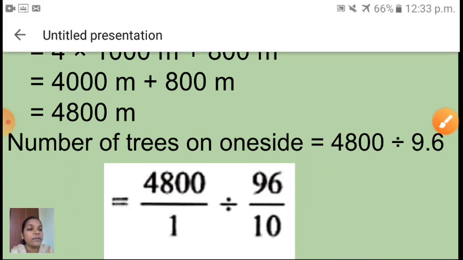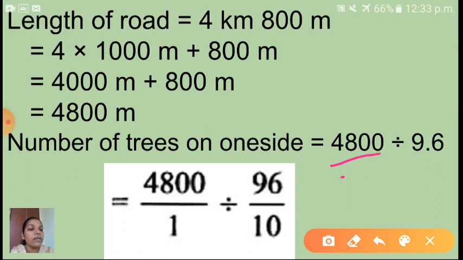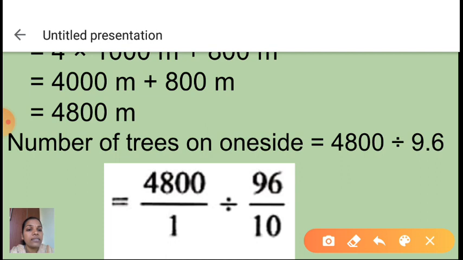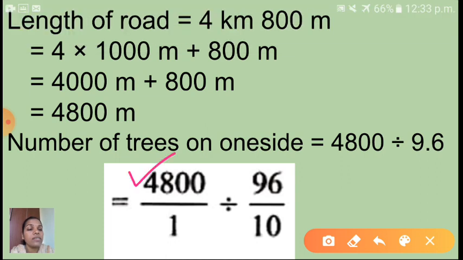So this one I have written 4800 upon 1 is divided by 96 upon 10. Understood children? So next step what we have to do? This number, that means this 4800 upon 1 we have to multiply with the reciprocal of this fraction.